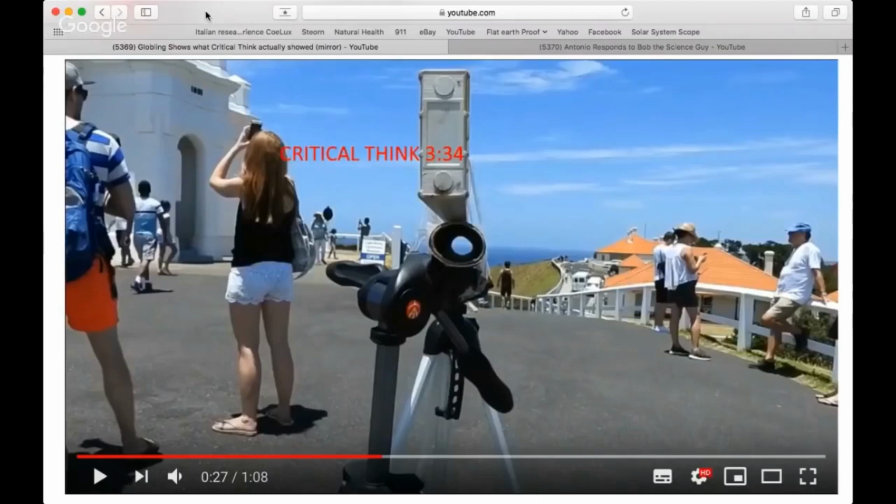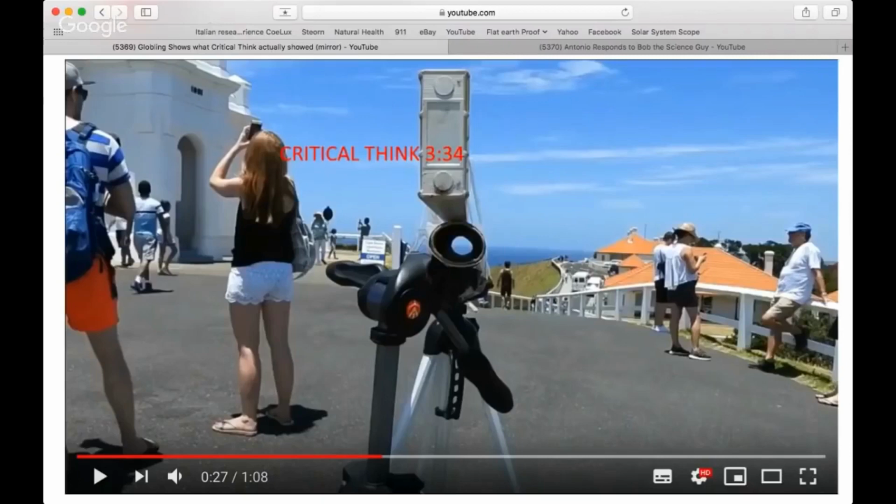This is Critical Think saying or thinking that he's demonstrating that when you go up, the horizon drops. Yes, that's right, Antonio. When you go up, and I'm now at almost 100 metres high, as you proceed to go higher in elevation, the horizon does indeed drop, as I've shown in this particular shot.